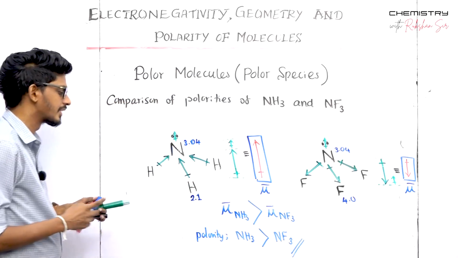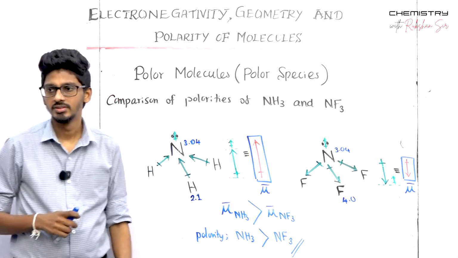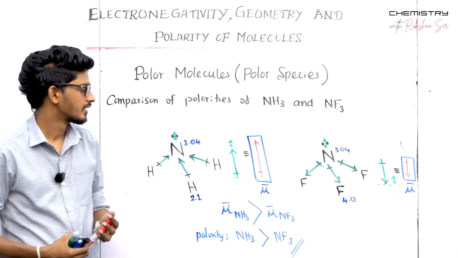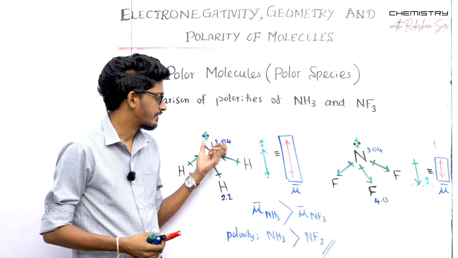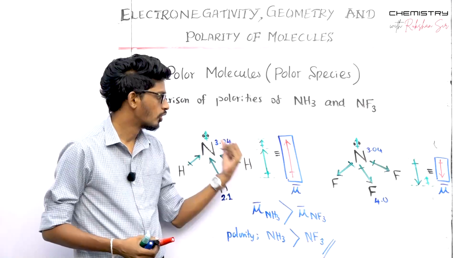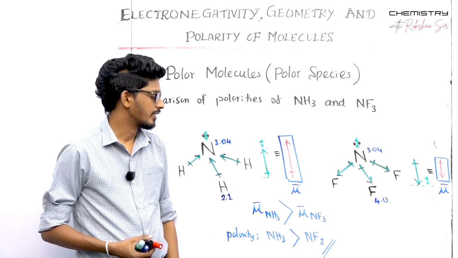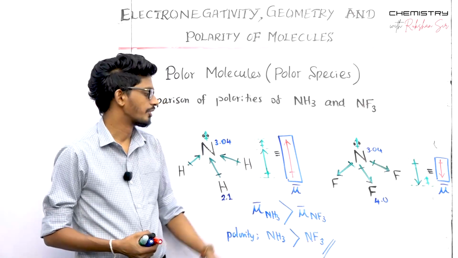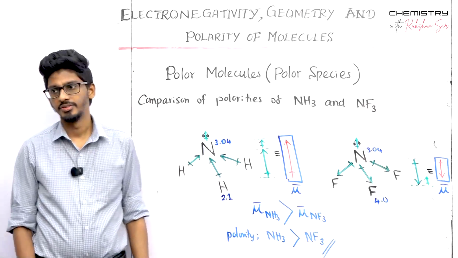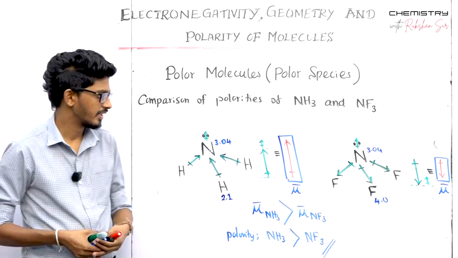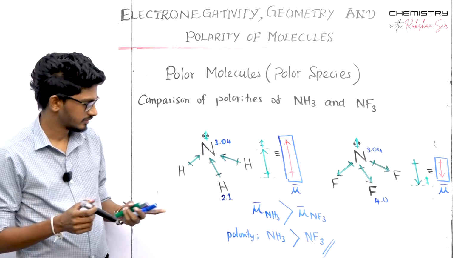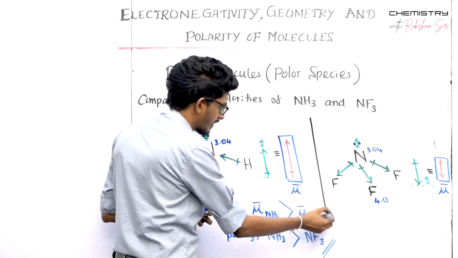Greater the net dipole moment, greater will be the polarity, right? That is the idea. So like this, due to the effect of the lone pair, we can comment on the relative polarities of NH3 and NF3, right? Got the idea? So draw this picture and complete the note.